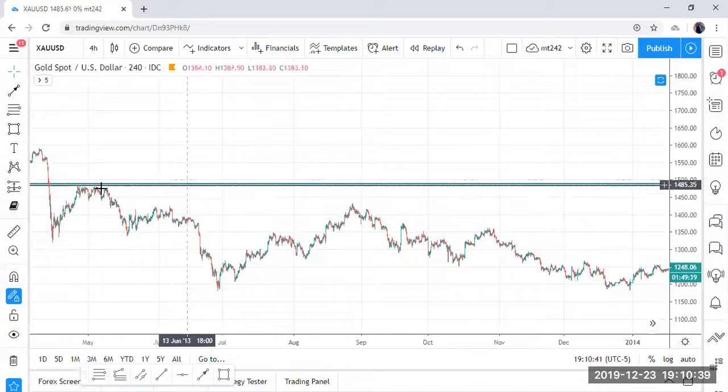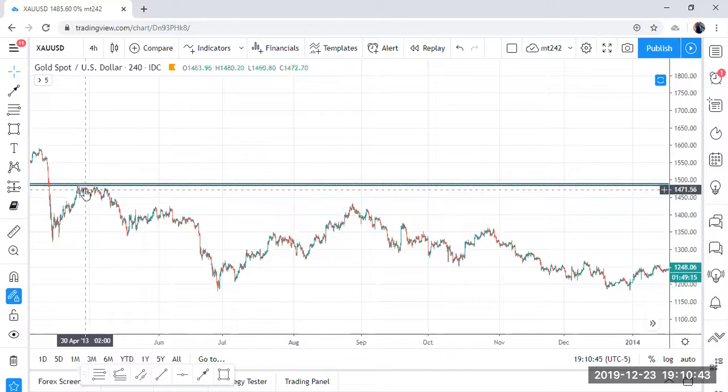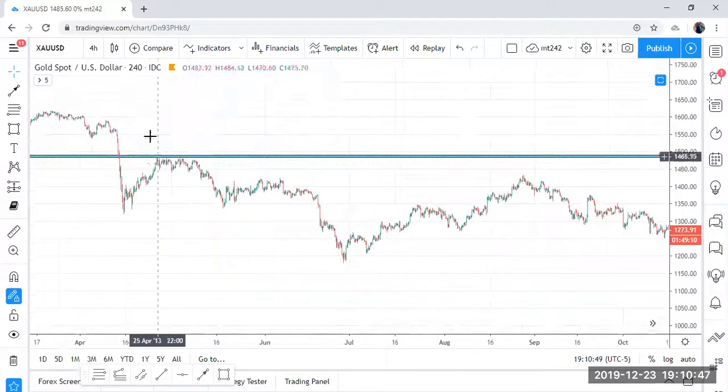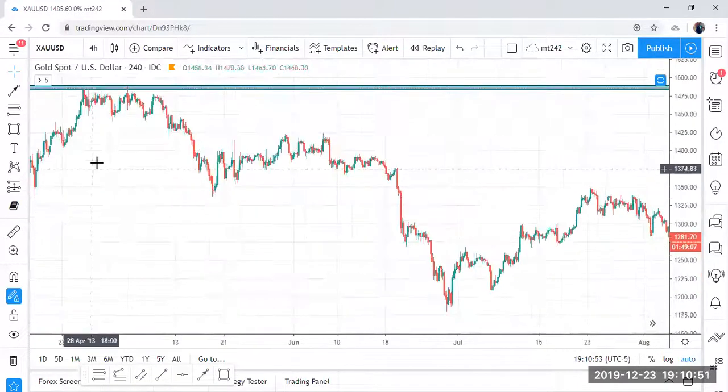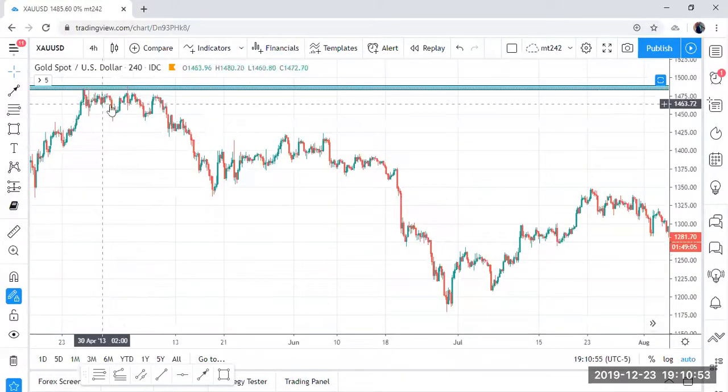Nonetheless, the support and resistance that I drew where price is right now, when we go back to 2013, we see that same area, price respecting it, showing us resistance along this area.